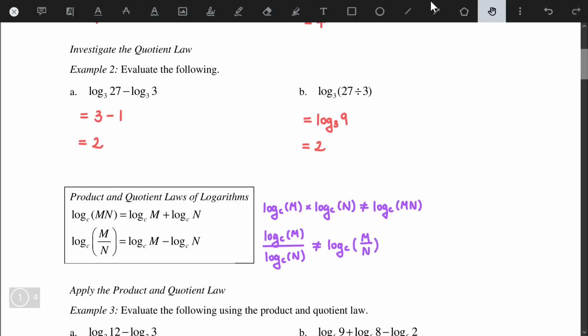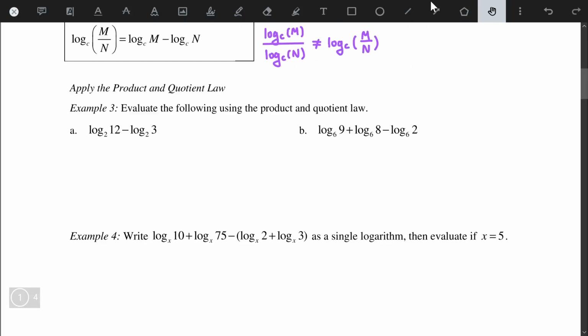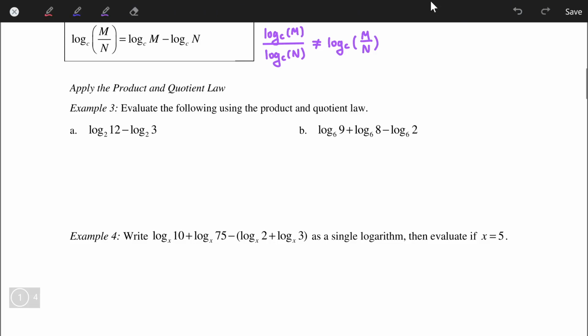Okay, so now we can apply these laws to simplify expressions involving logarithms into simpler expressions. So for example here, we can of course divide the arguments, so log base 2 of 12 divided by 3, which of course gives us log base 2 of 4, which we know is just 2.